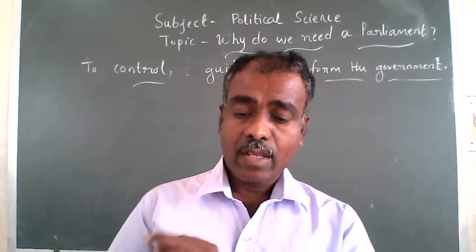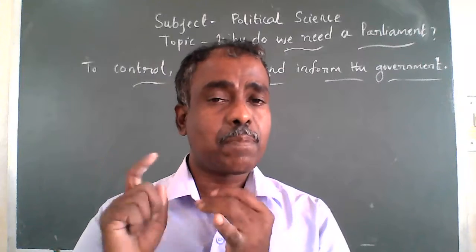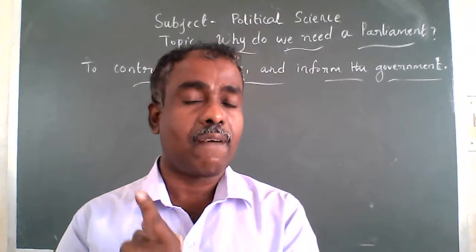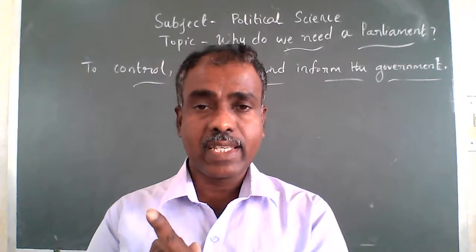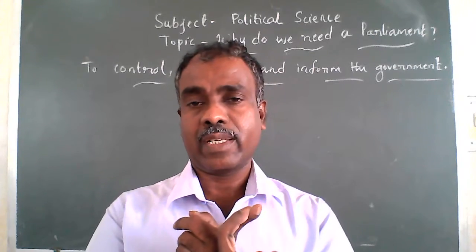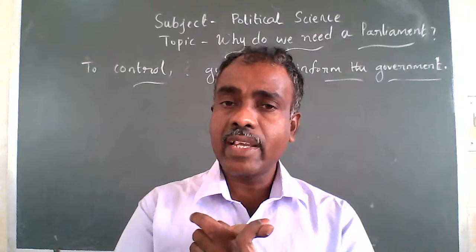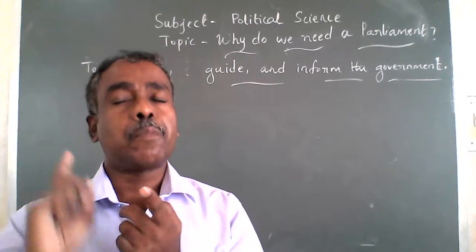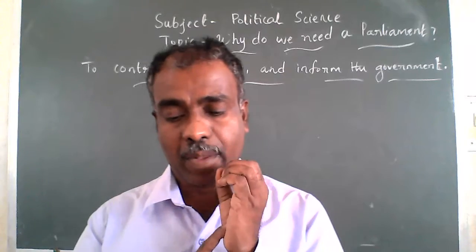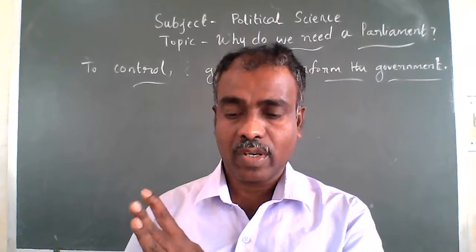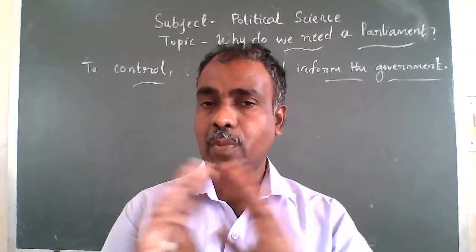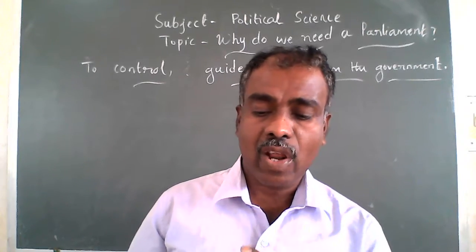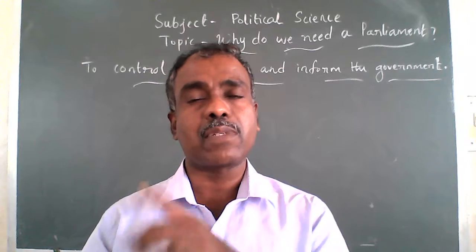So here the opposition party must play the critical role, especially in the healthy functioning of a democracy, in a healthy way only. For the healthy functioning of a government, the opposition parties must play a critical role, and there should not be adjustment. They highlight drawbacks in various policies or programs of the government.